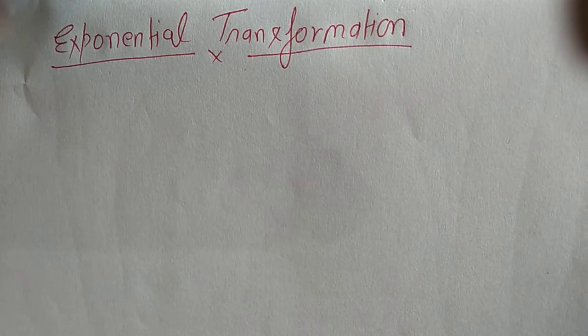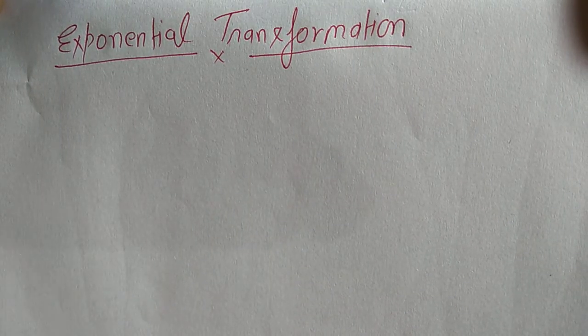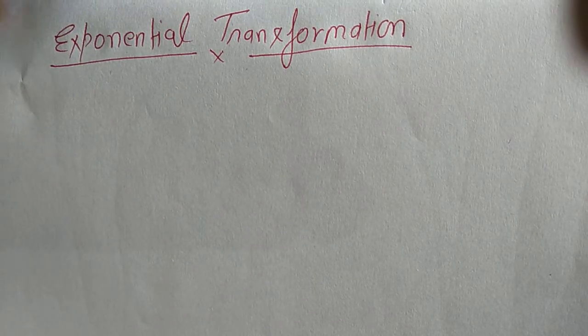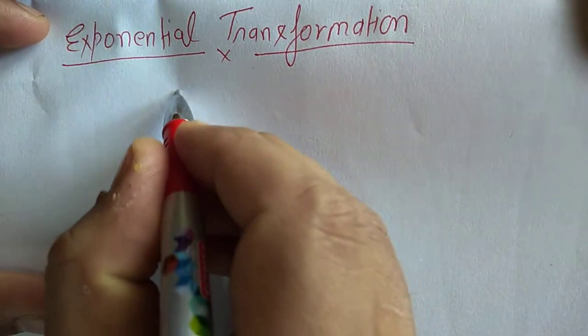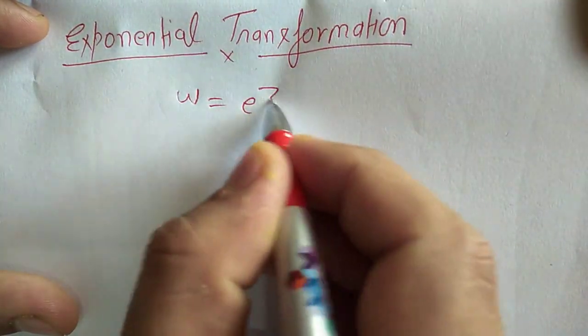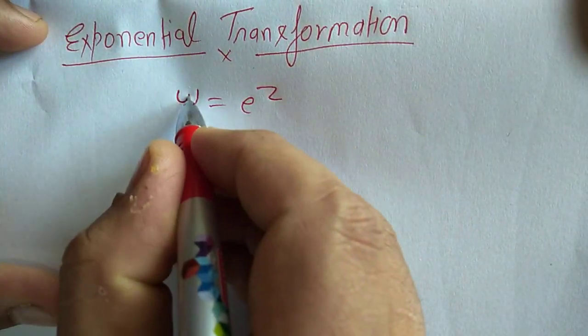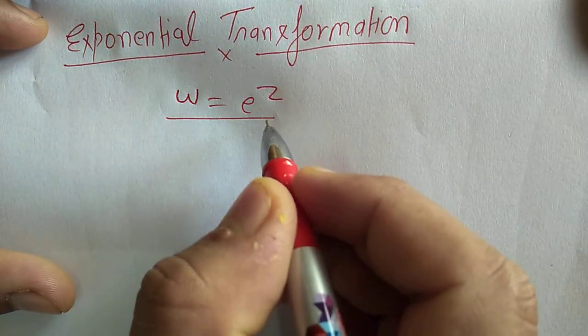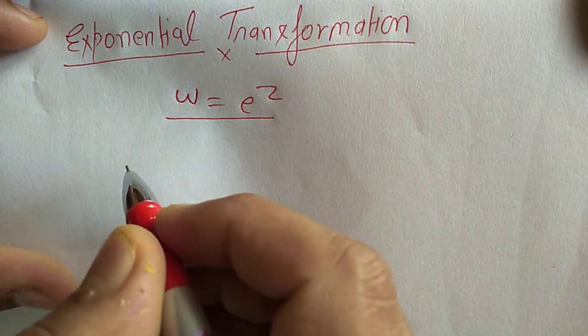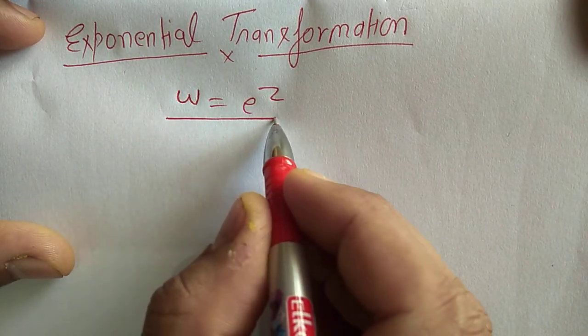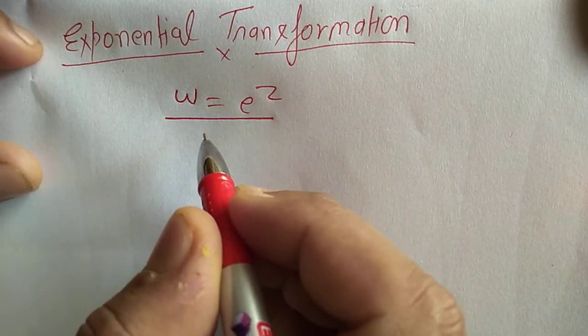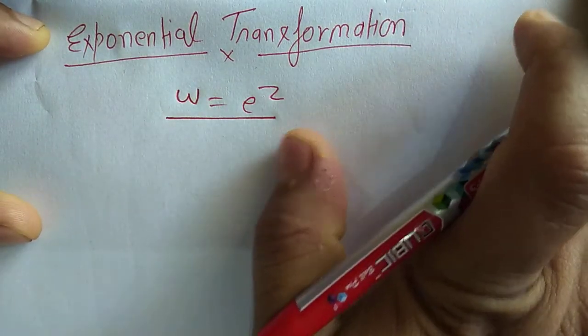The next transformation we have is the exponential transformation. The mapping w equal to e power z is called the exponential transformation. Let us see the relation between points of the z plane and the w plane.